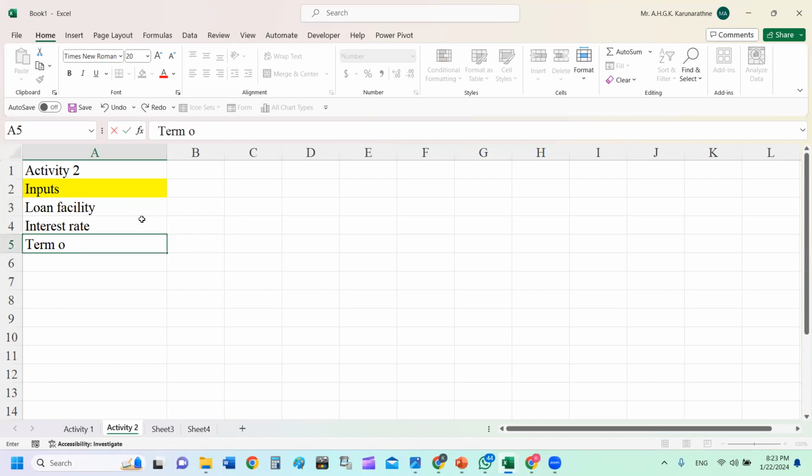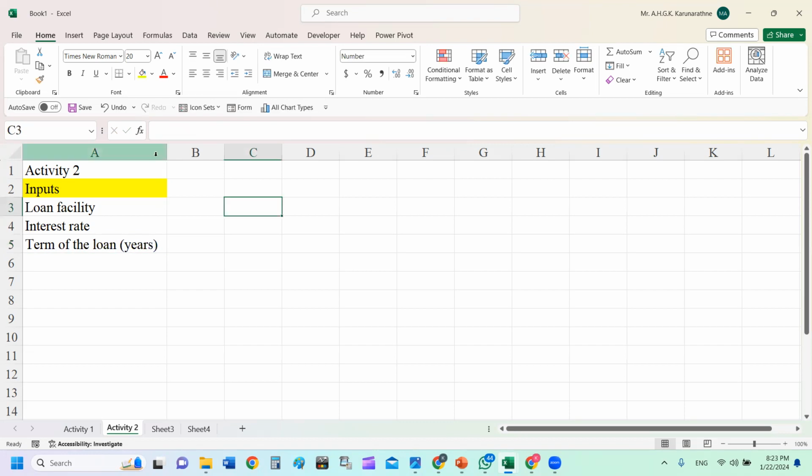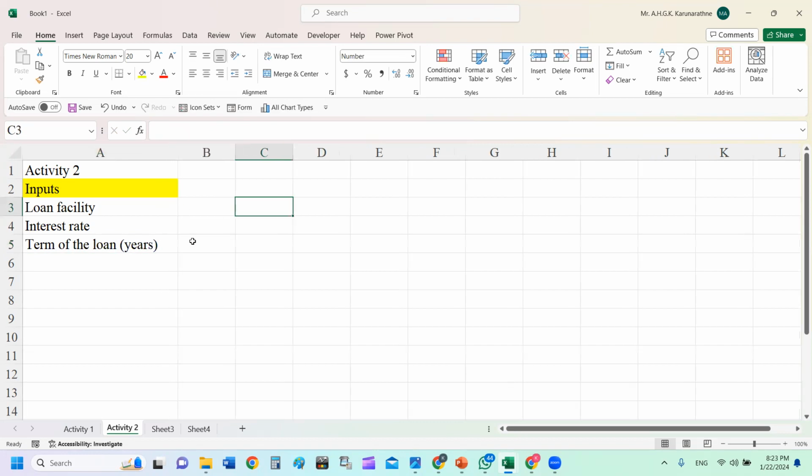We usually put it in years. Don't put it in months. If you want to convert into months, multiply by 12. So these are the variables.